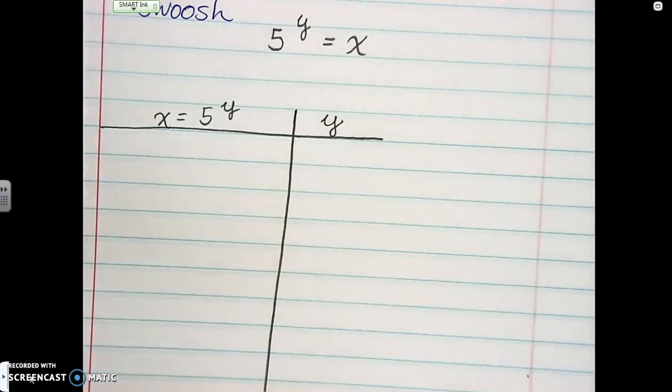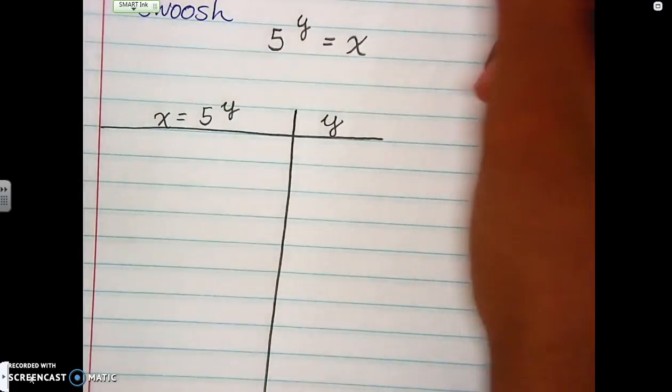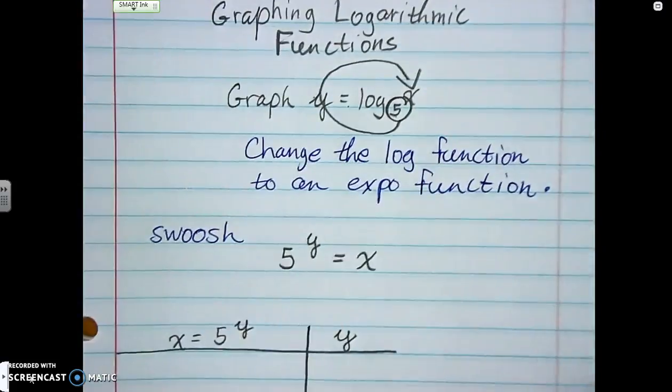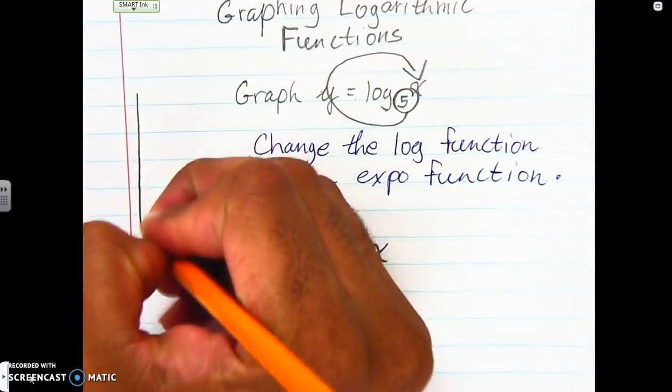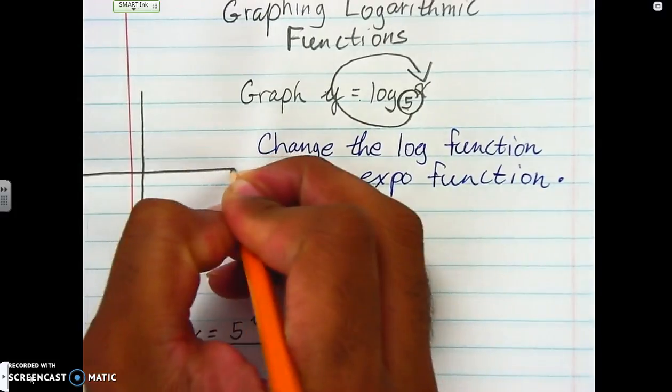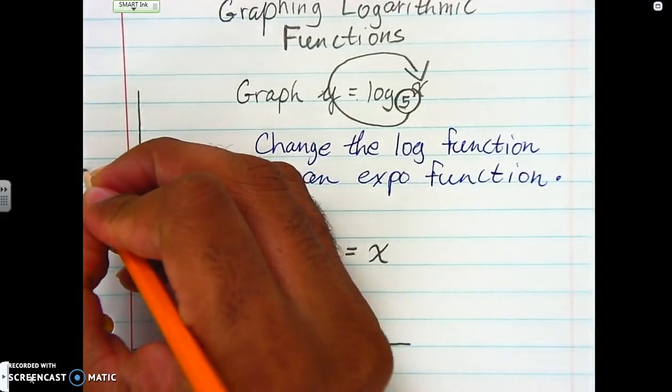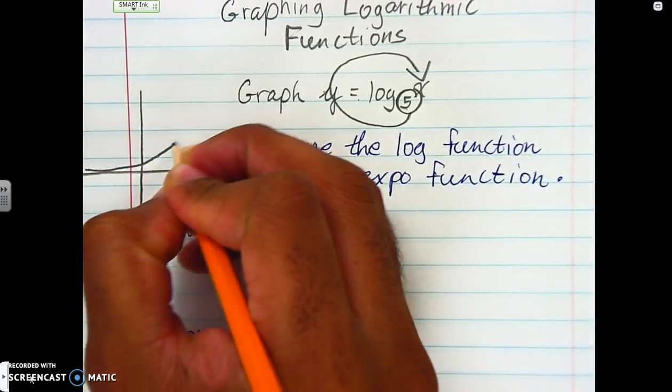Now, when it comes to log functions, hopefully you've heard this before. Log functions and exponential functions are inverses of each other. So, for example here, I can show you a visual of what's going on. We know the exponential function comes this way and it goes up.